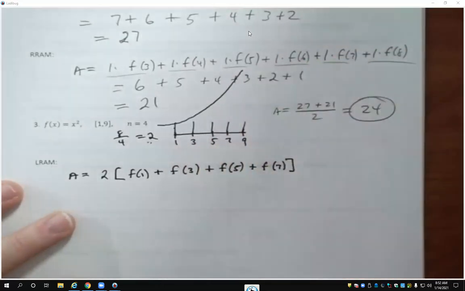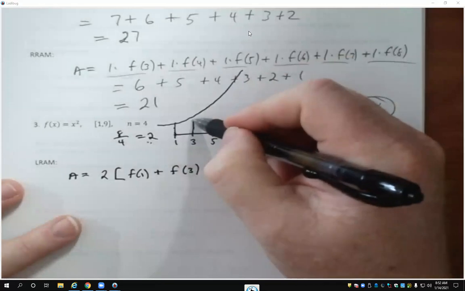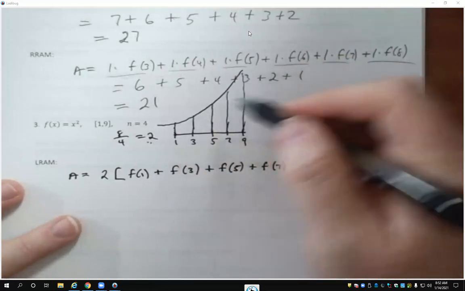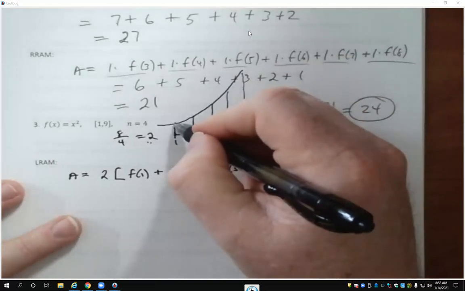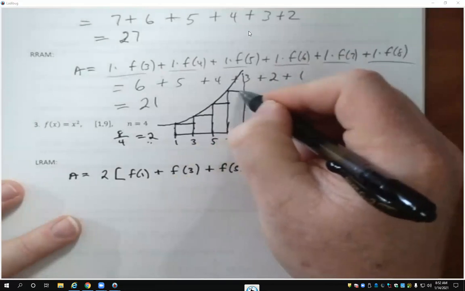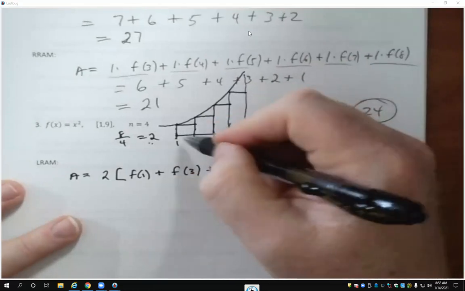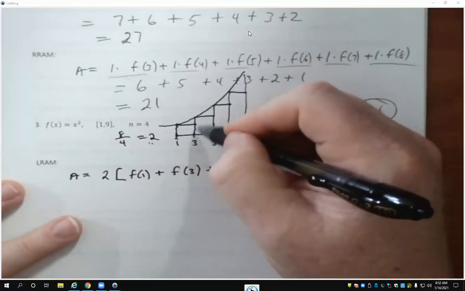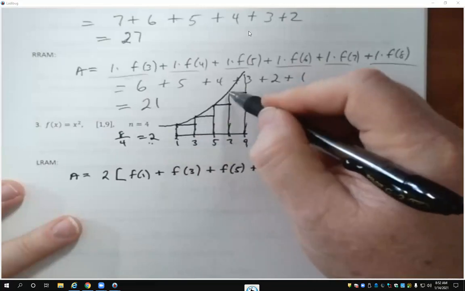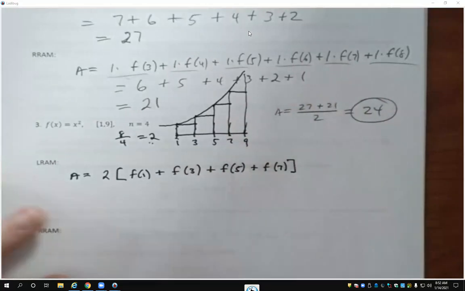These rectangles are all going to have different y values. So this first rectangle, since we're doing LRAM, is going to be that one, then that one, then that one, and then that one. Y value when x is 1, y value when x is 3, y value when x is 5, and y value when x is 7, LRAM.